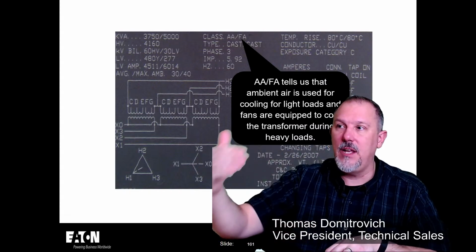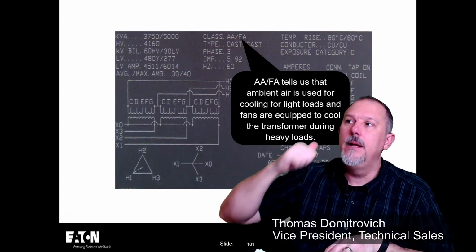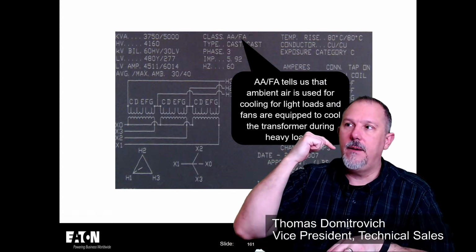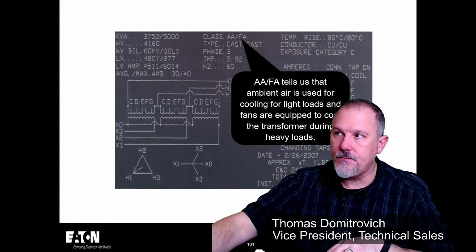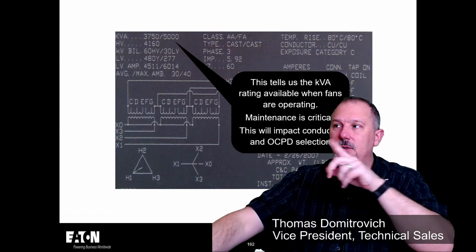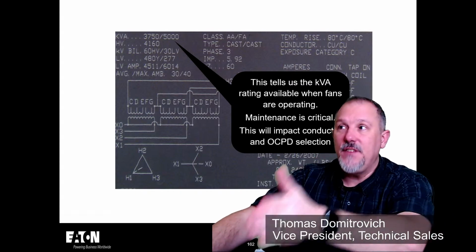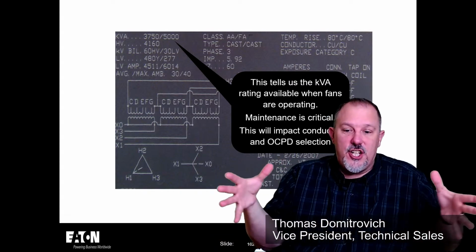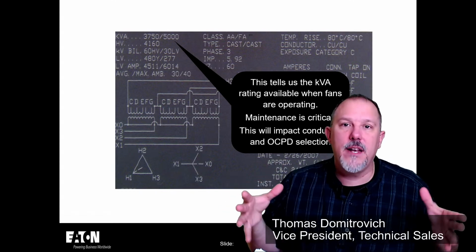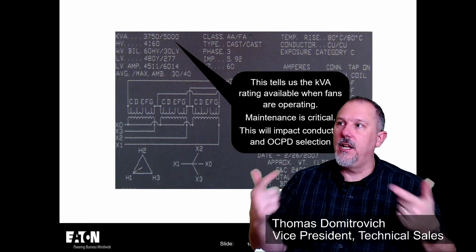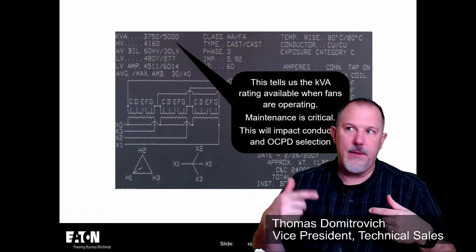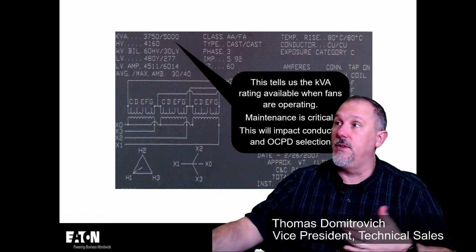So you've got to make sure you're picking the right breaker and you're addressing when you have fans added. Now, I can have 3750 or 5000. I've not changed anything in this transformer other than I'm circulating air, and this is ambient air, forced air. So I've got fans on this thing, right?